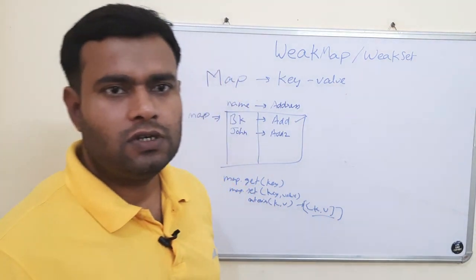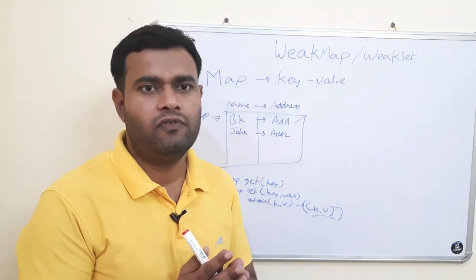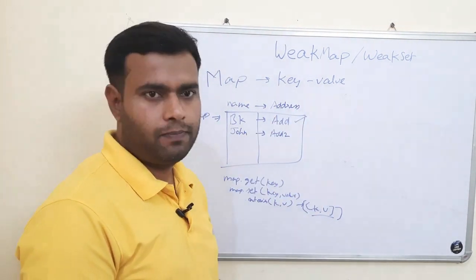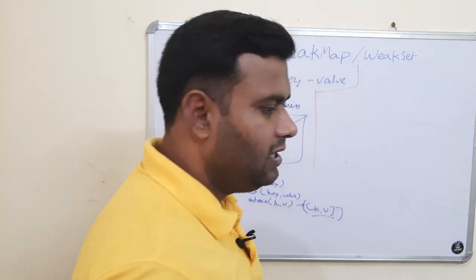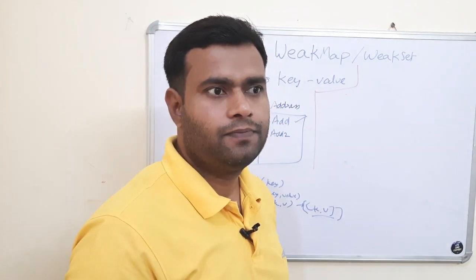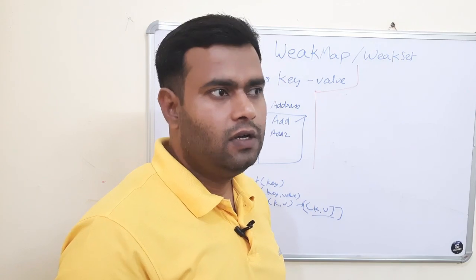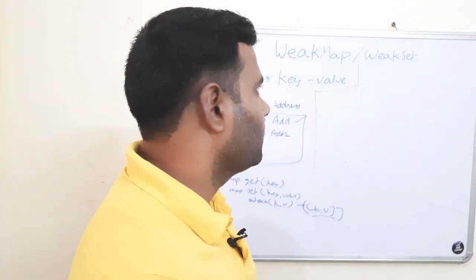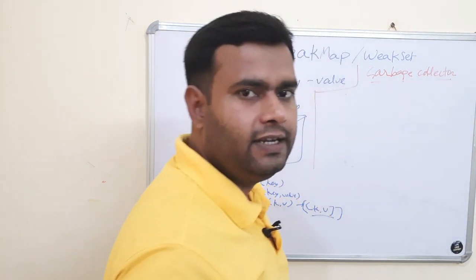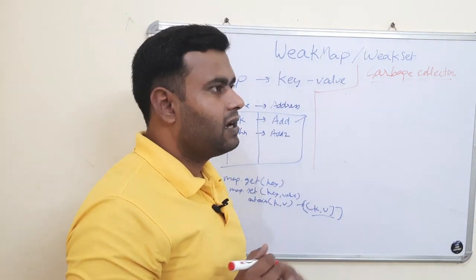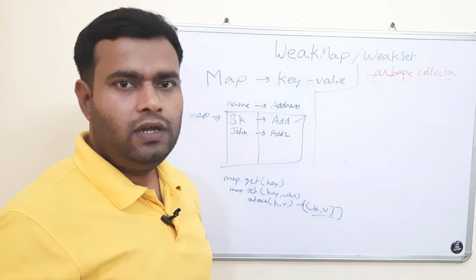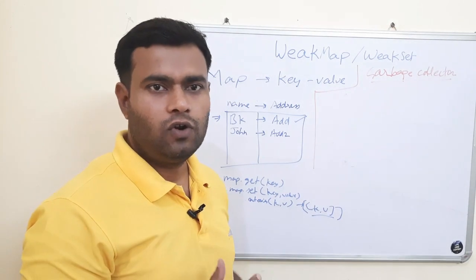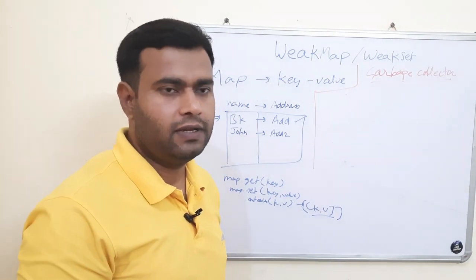We will first talk about the reason for using WeakMap. Most languages like JavaScript, Java, Python all have a garbage collector, and its role is to clean up the memory of variables which are not used or not referenced by anything.